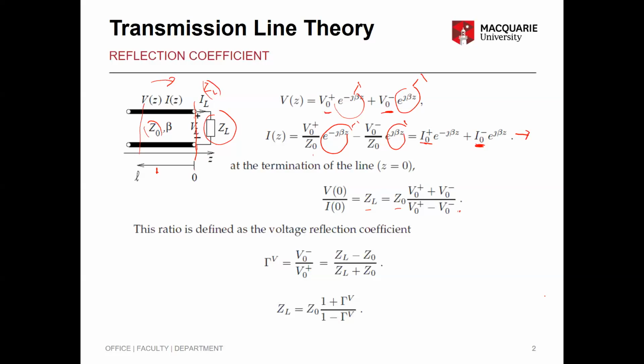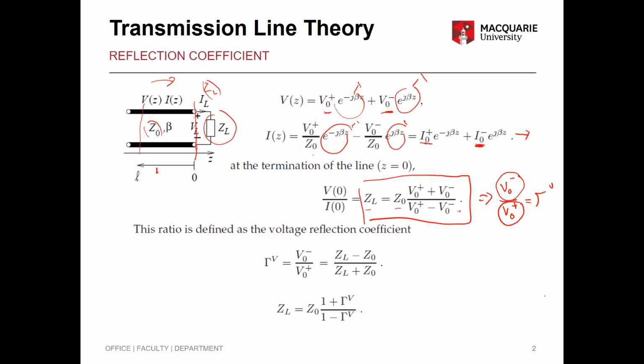Now you can rearrange this term so that you get V0- over V0+. This is the ratio between the reflected wave voltage and the incident wave voltage, and we call this the voltage reflection coefficient, which is tau V.